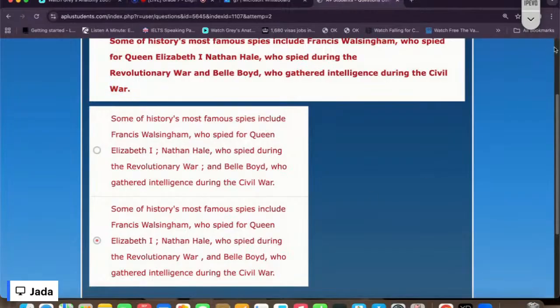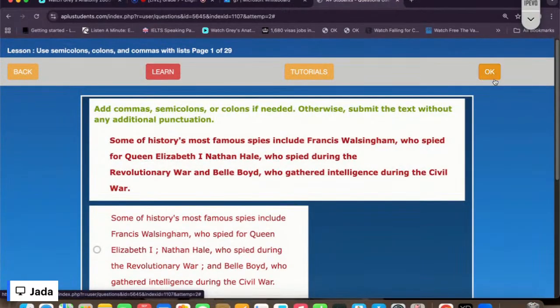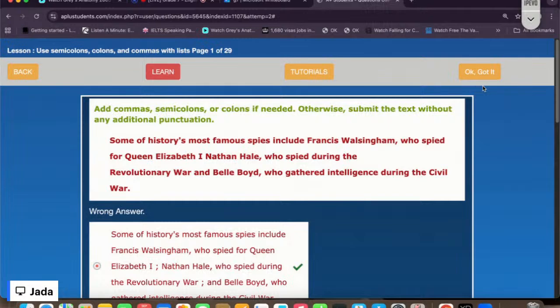All right, so we have the second. So we have to use semicolons and colons because it is necessary.